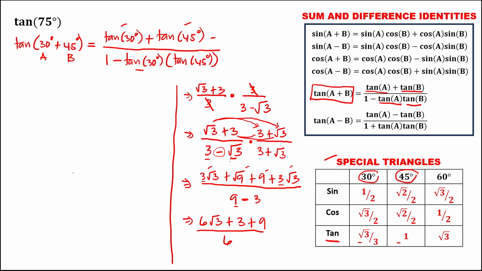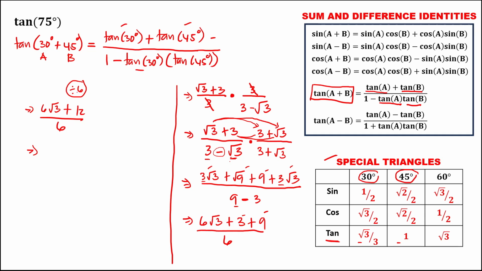Then to simplify, this becomes 6 square root of 3 plus 3 plus 9, this is 12, then over 6. Take note that we can reduce this because all numbers are divisible by 6.